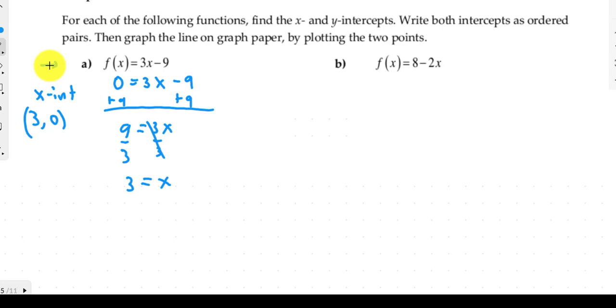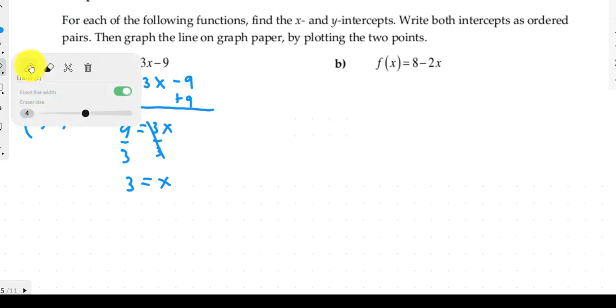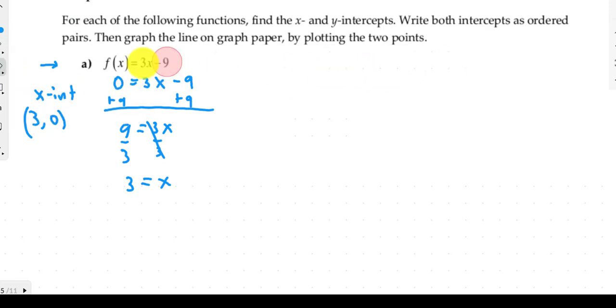Okay? And for the y-intercept, I'm going to just erase this letter B just for the time being. I'll bring it back, but just to give us some more room to work with. All right, so that was the x-intercept. The y-intercept, that's where we sub in 0 for x, and find y, right?